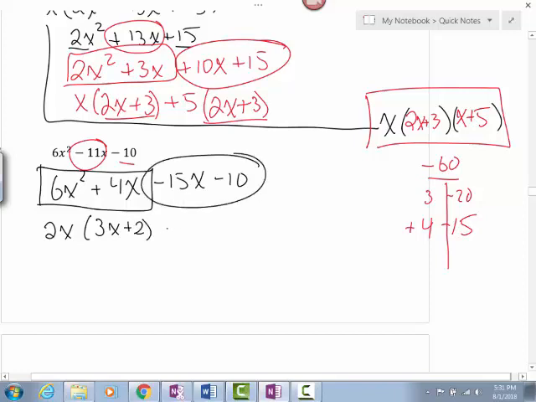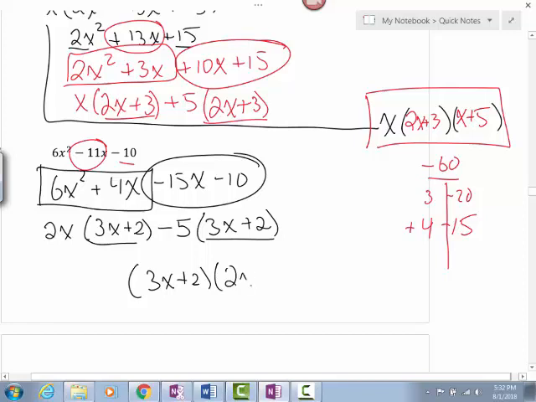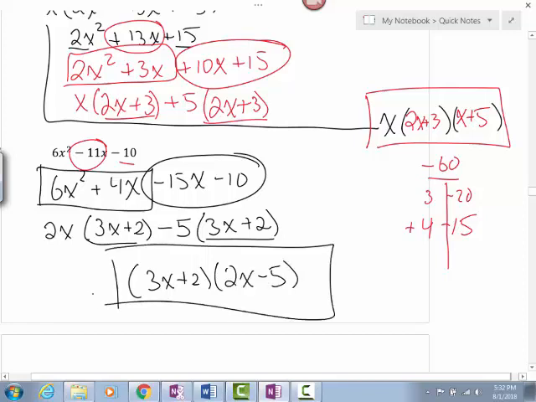Out of here, I'll take out a negative 5. And I'm also going to be left with 3x plus 2. And there's my common factor, 3x plus 2 and 2x minus 5. Right? So I hope this section is making sense. Again, I'm doing the same thing every time. And if you all have questions, please let me know.